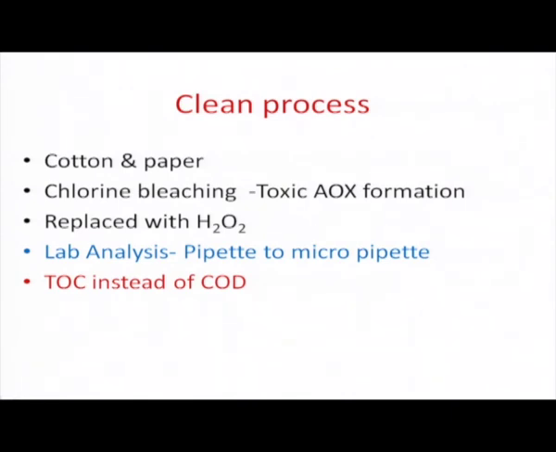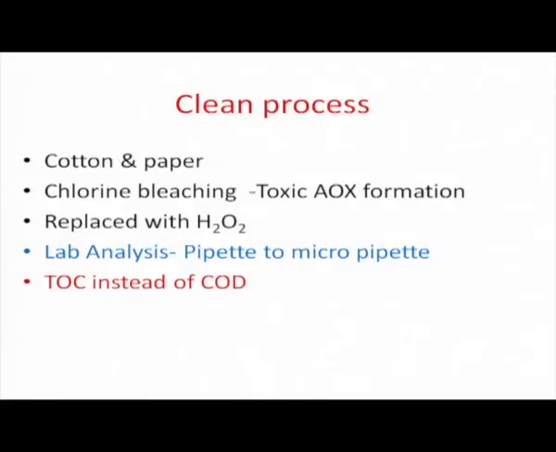In laboratory analysis, for estimating the organic content of wastewater, the amount of organic matter present, we normally go for the COD and BOD combination. BOD is fine. In COD we use highly toxic mercury, silver, and highly corrosive sulfuric acid. All these are used in the determination of chemical oxygen demand, which is not environmentally friendly. After determination we discharge and end up with wastewater, and it is very difficult to remove mercury and silver.